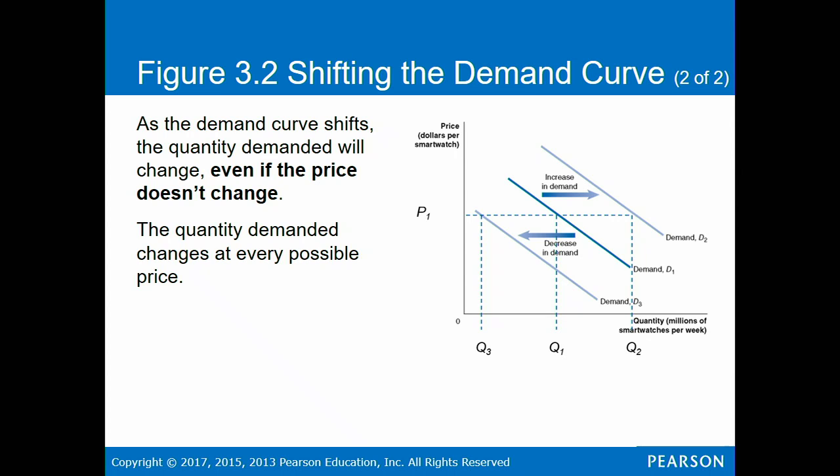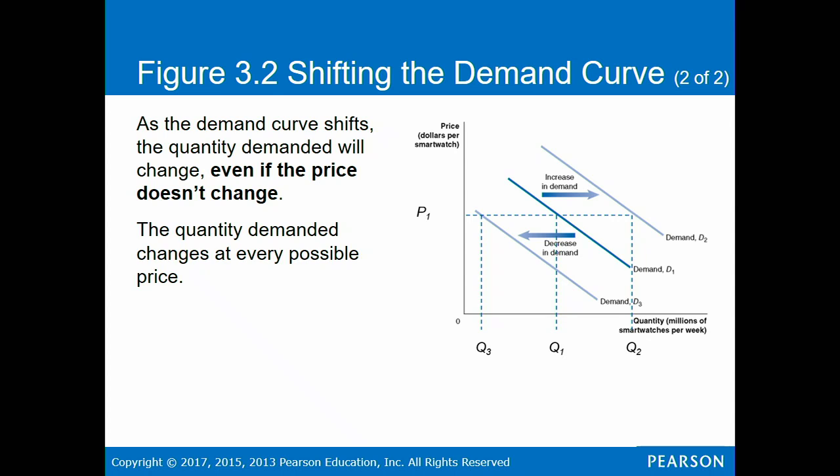So even if the price stays the same, if the demand curve shifts, the quantity demanded is going to change. So right here, at this price, whatever this price is, say $400, if you shift the demand curve to the right, you're going to have a higher quantity demanded, but it's still going to be the same price.